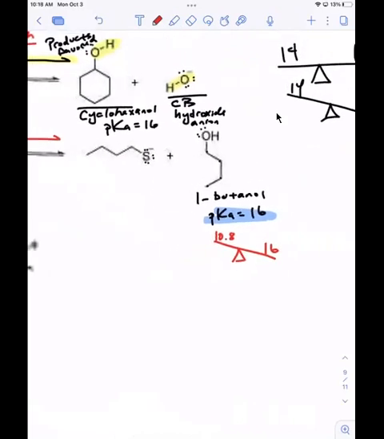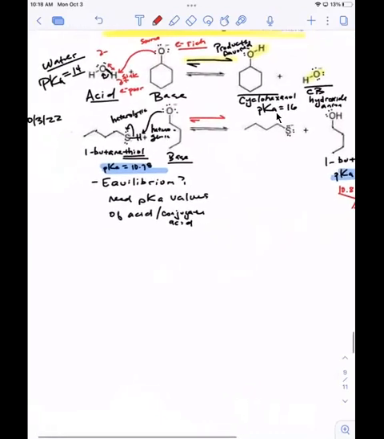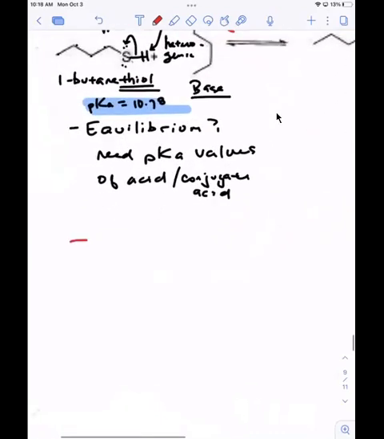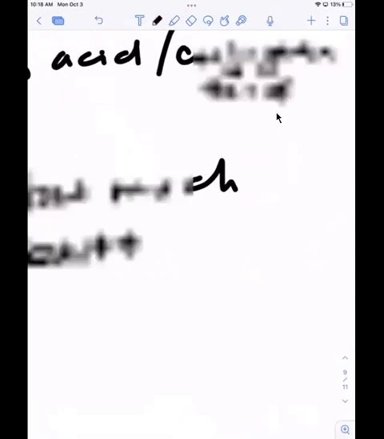What does that mean in terms of how much better of an acid butane thiol is? Because we can figure that out. And if we know that, then we can use that to discuss why the equilibrium favors the other side.